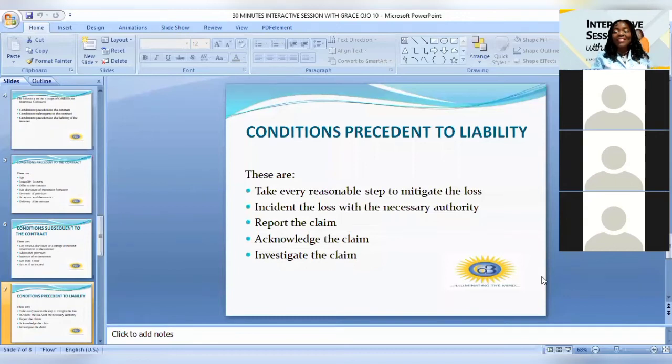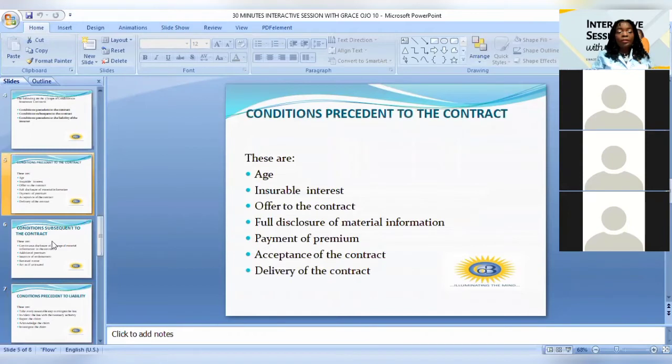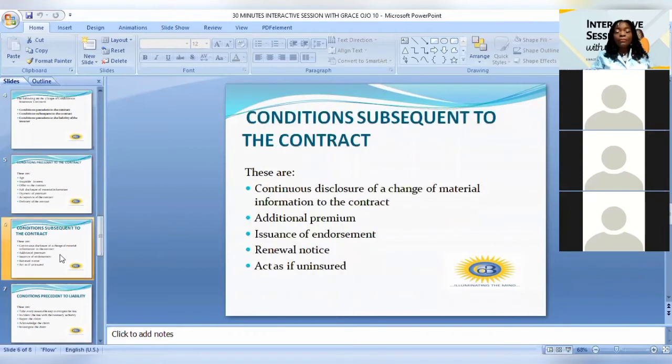Can you see my screen now? We can see your screen now, yes. Do you want to put it on slideshow? Let me just leave it for now so that I won't distort it. Thank you very much. I hope you can see it now.